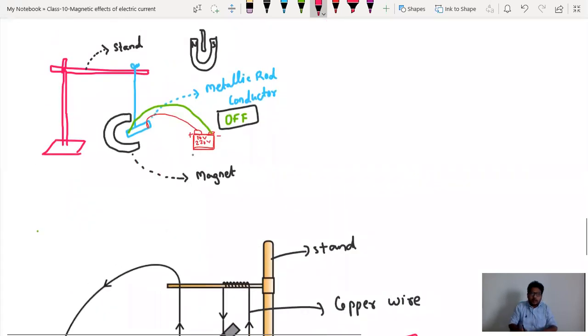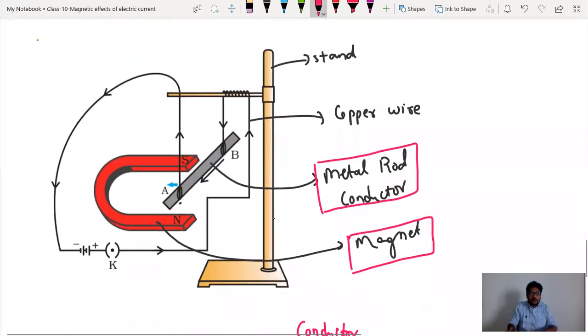Now try to on this battery. If you on this battery, what will happen, guys? You see, there is a positive terminal and negative terminal where current is flowing and it is reaching the conductor, and again it is leaving from the conductor.